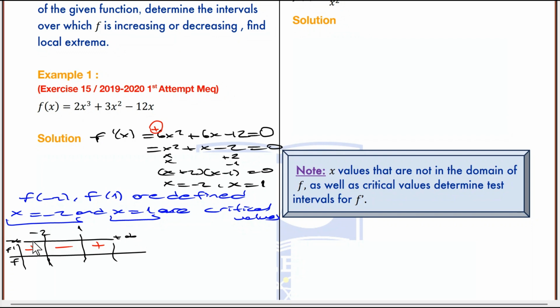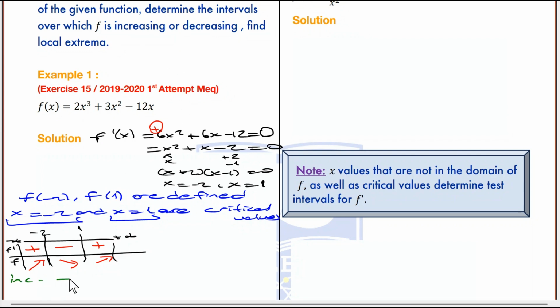And we know that if the derivative is positive in a region, then the function is increasing in that region, right? Derivative is about slope. Remember, if slope is positive, then the function is increasing. If slope is negative, then the function is decreasing. Whenever the derivative is positive, the function is increasing; negative, the function is decreasing. So this table helps us to determine increasing and decreasing intervals.